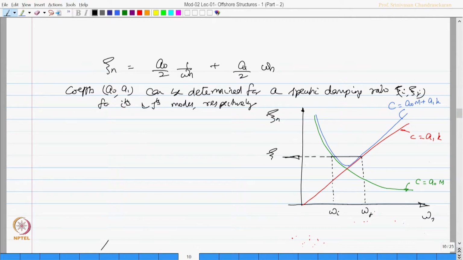So, pick zeta in such a manner that it is the same for omega i and omega j.